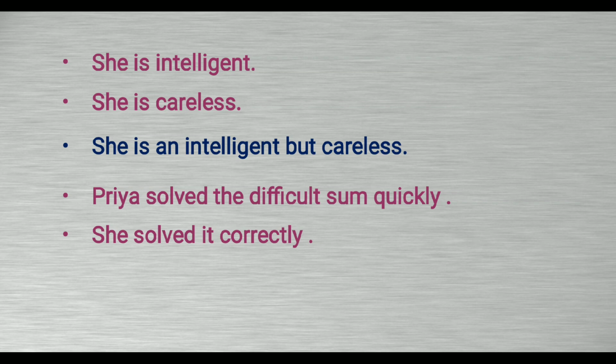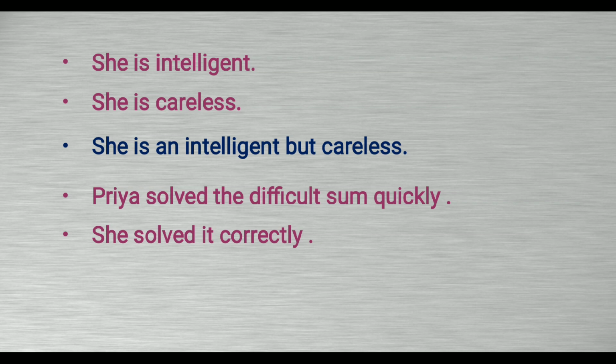If sometimes we do something quickly, then most of the time we make some mistakes. But here Priya has solved this difficult sum quickly but correctly. So quickly and correctly are the contrast of these two sentences.